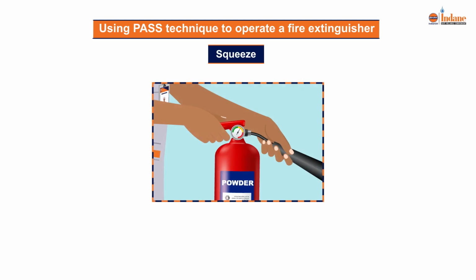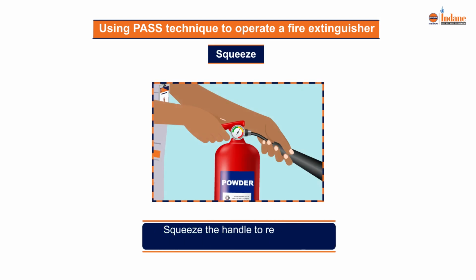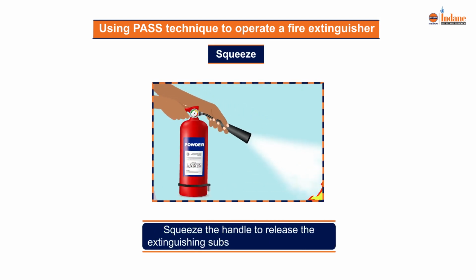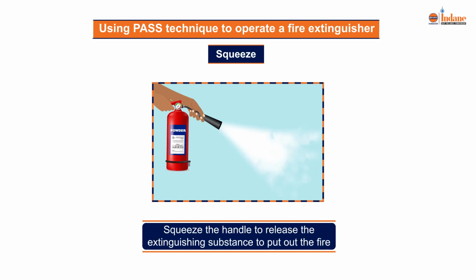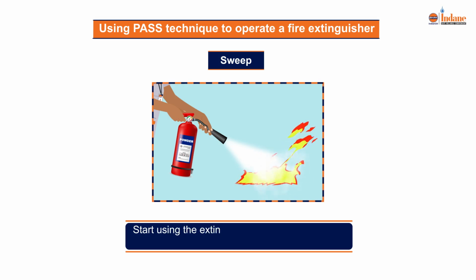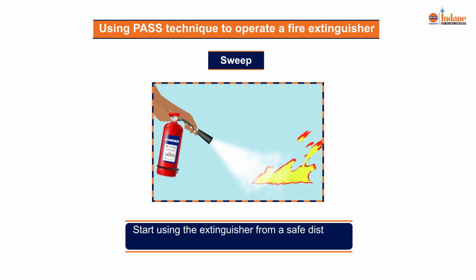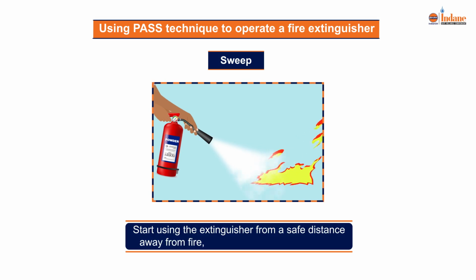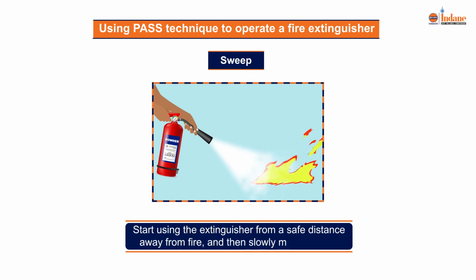Then, squeeze the handle to release the extinguishing substance to put out the fire. Finally, start using the extinguisher from a safe distance away from fire, and then slowly move forward.